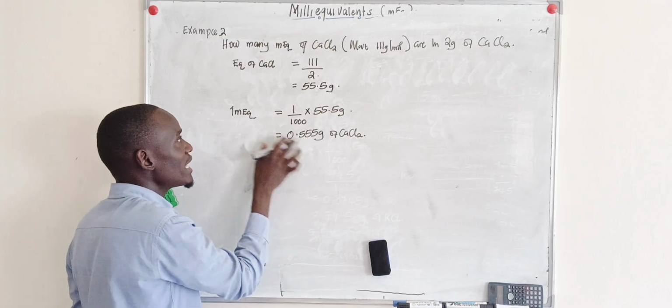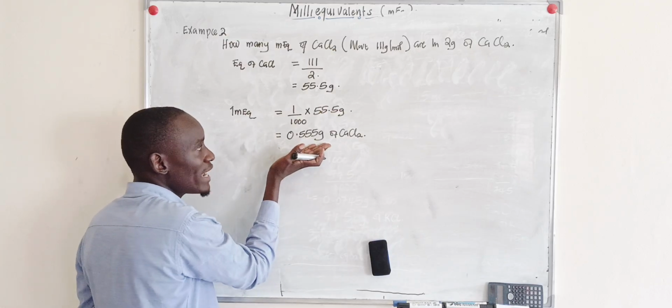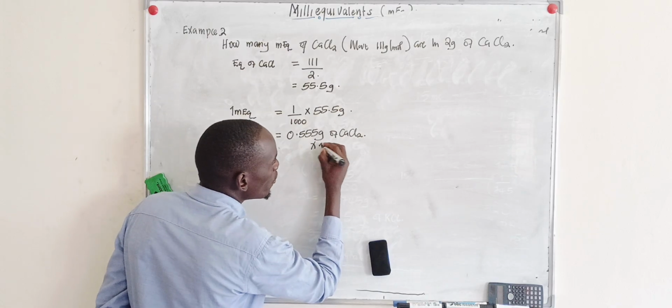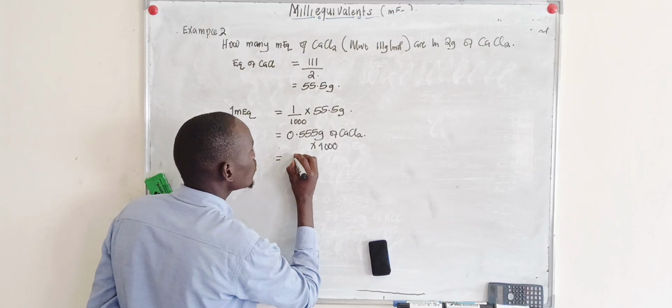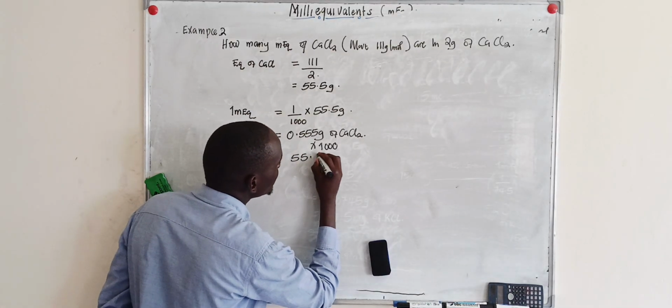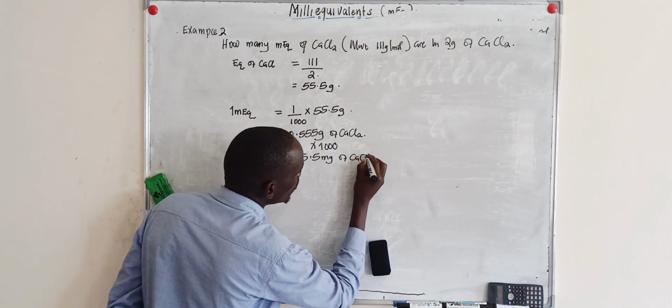But remember, we said that mEq should be in milligrams, so we convert this into milligrams by multiplying by 1,000, and we get 55.5 milligrams of calcium chloride.